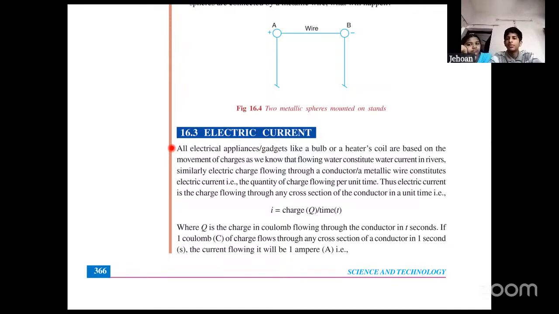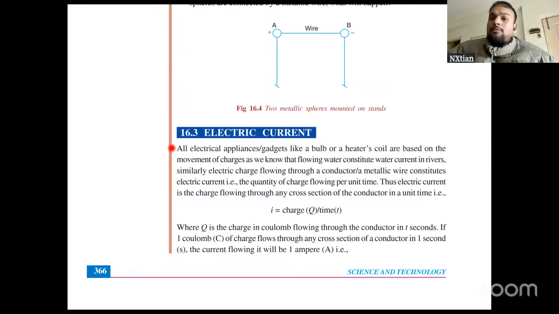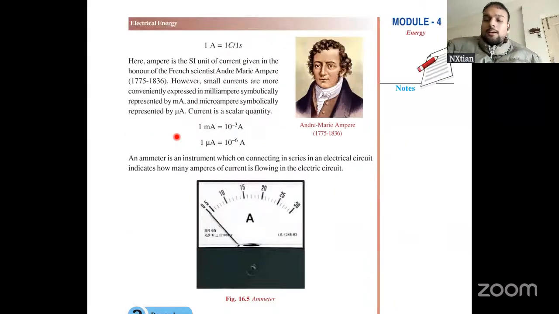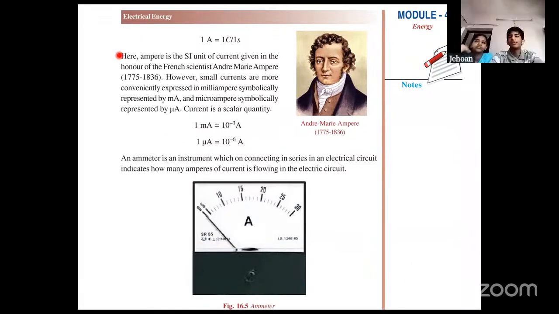If 1 coulomb of charge flows through any cross-section of a conductor in 1 second, the current flowing will be 1 ampere. Ampere is basically the unit of current. Remember this. What is the unit of voltage? Volt. In the same way, the current unit is ampere.